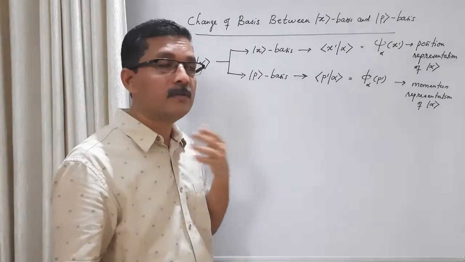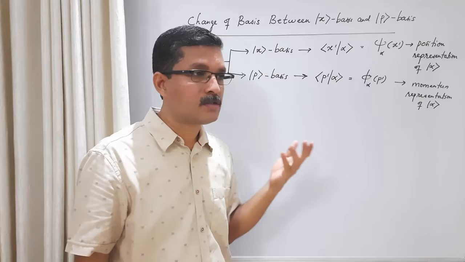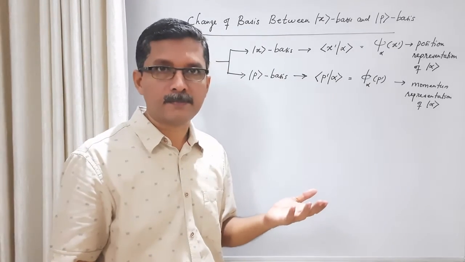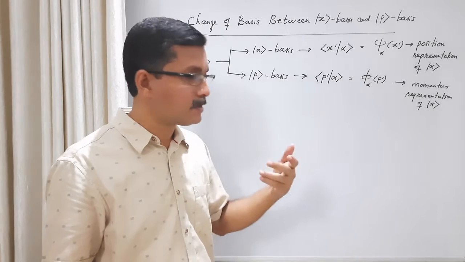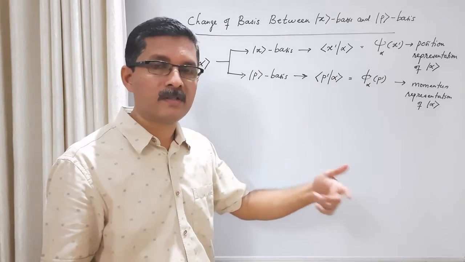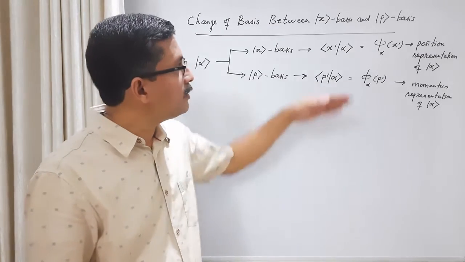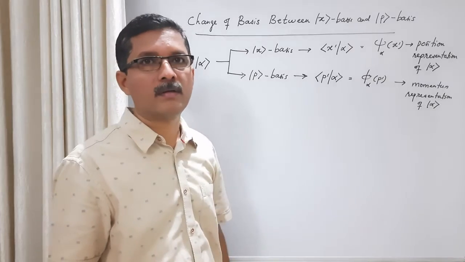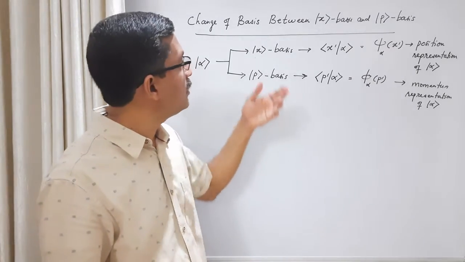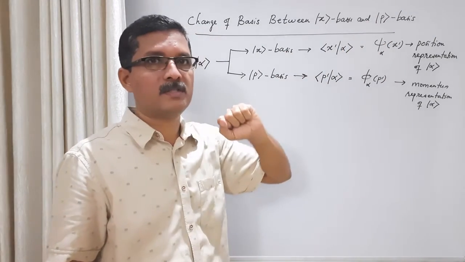Similarly, if you choose as the basis the eigenkets of the Hamiltonian operator, these are energy eigenkets, then such a representation of vectors and operators in energy eigenkets we call energy representation. But coordinate representation and momentum representation are two very important representations. In other words, coordinate basis and momentum basis are two very important basis kets.